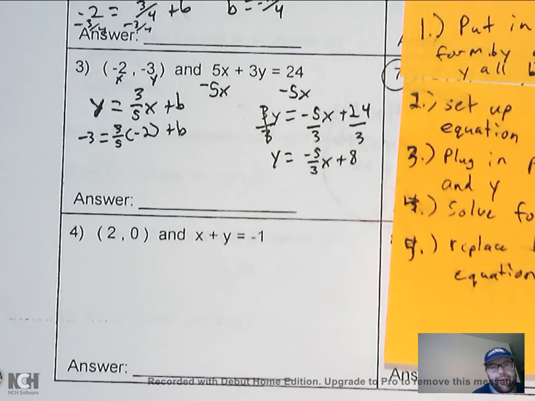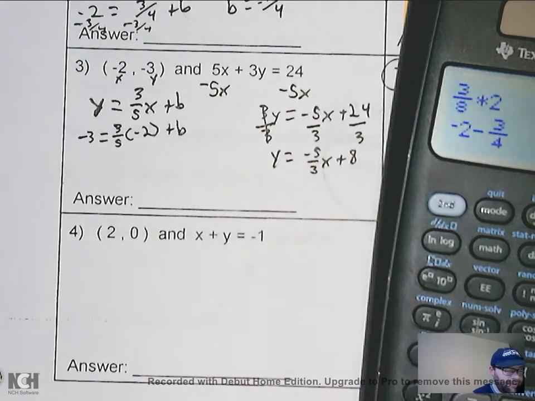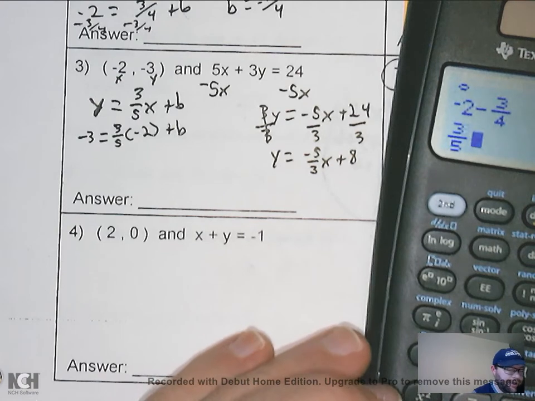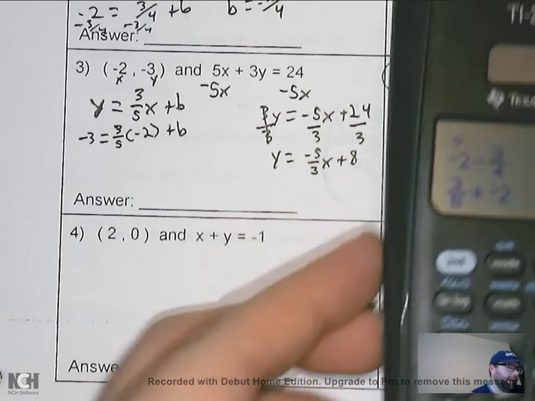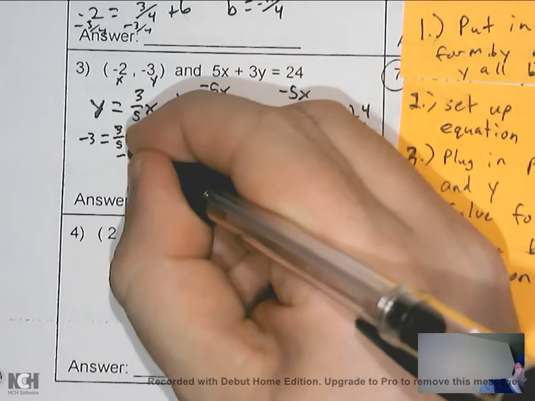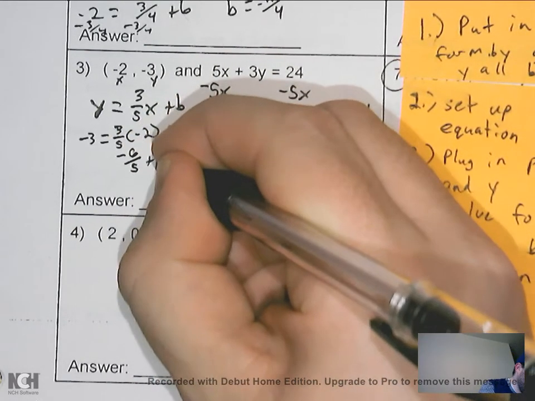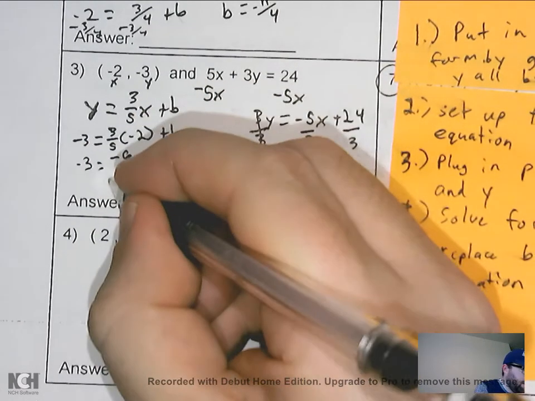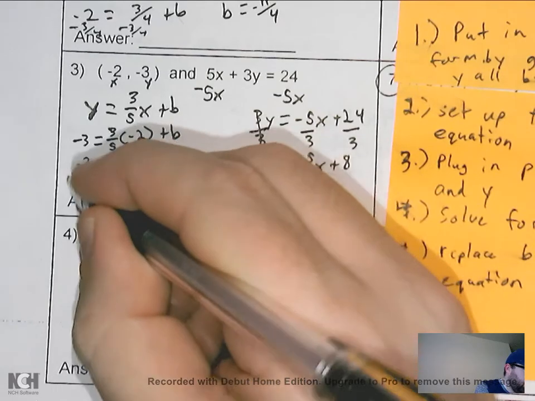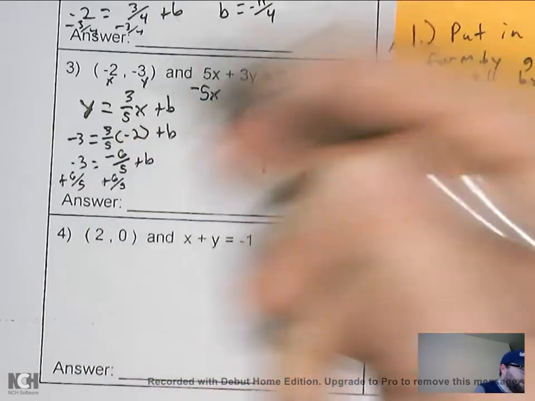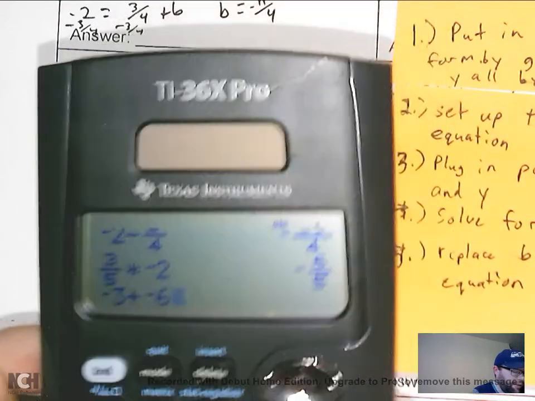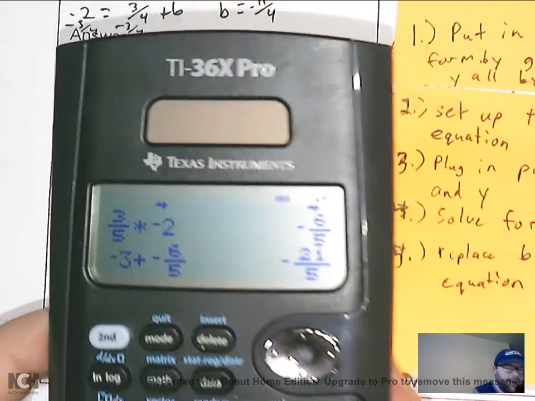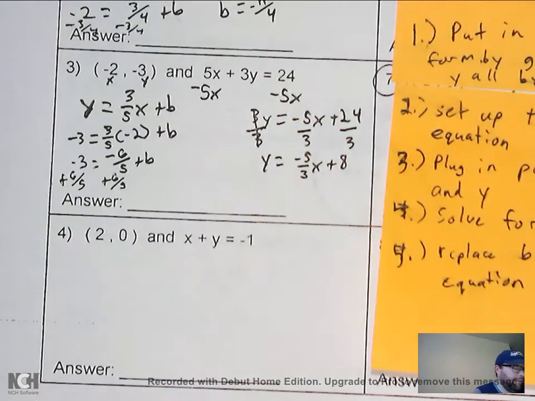Then, again, I can just plug this in my calculator. 3 over 5 times negative 2 is negative 6 over 5. So negative 6 over 5 plus b is equal to negative 3. Then to move it to the other side, I would add 6 over 5 to each side. So negative 3 plus negative 6 over 5 is negative 21 over 5.